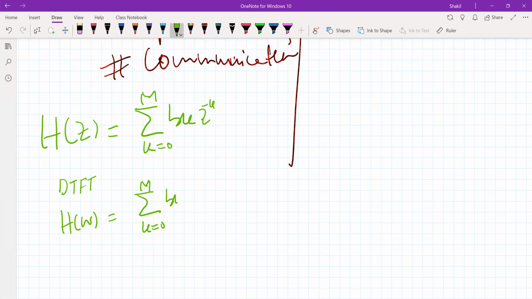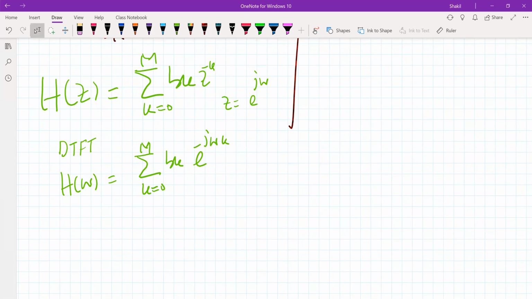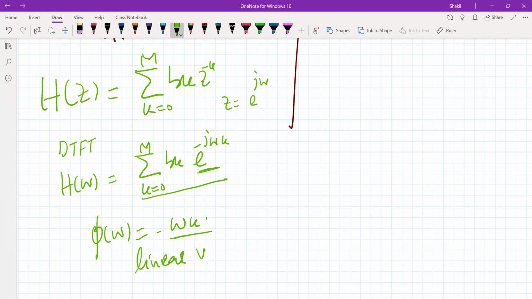Now you can see the phase here is embedded, and the phase at omega is minus omega times the number of terms, and you can see it is a linear function of frequency. So the phase is linear.